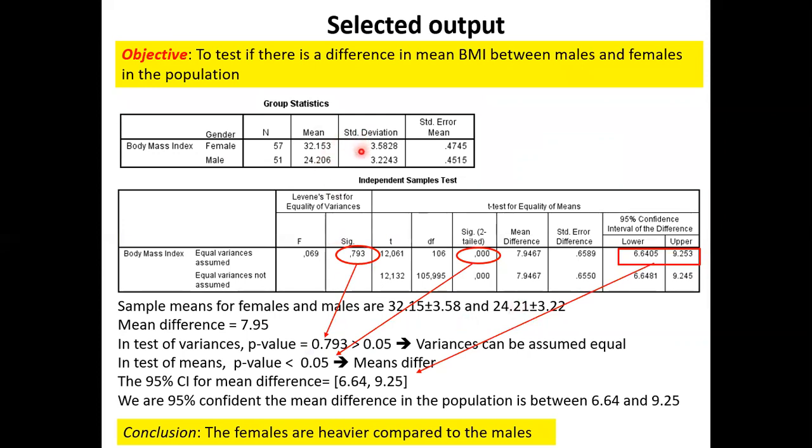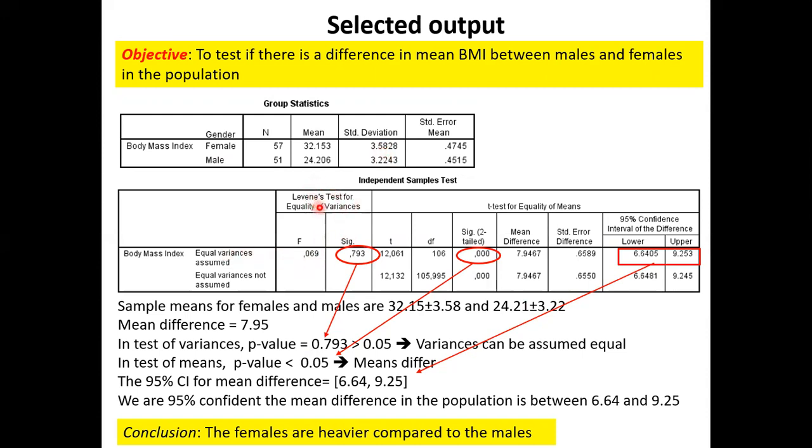The standard deviation, you square this, that's the variance. What's 3.5 squared? 3.5 times 3.5, how much? 12.25. Here, 3.2 times 3.2? 10.24.